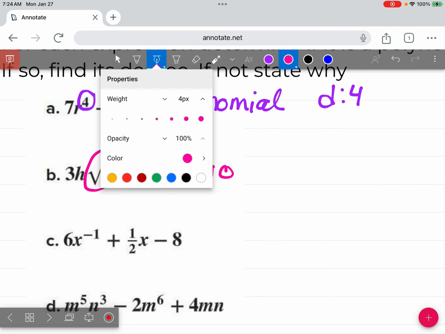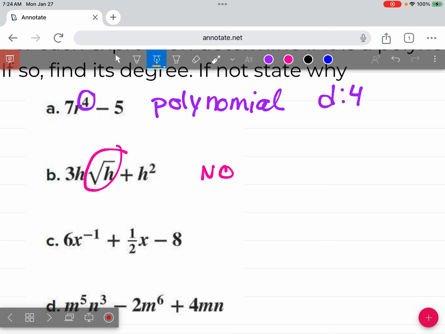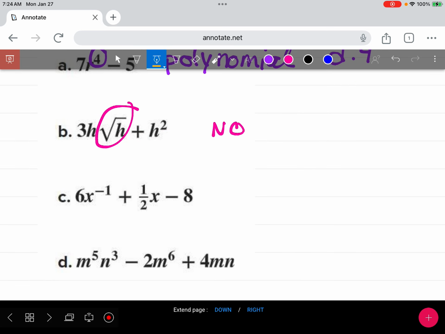What about for C? What do we think there? What do you think? Why?